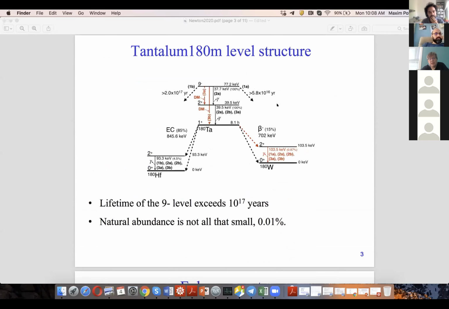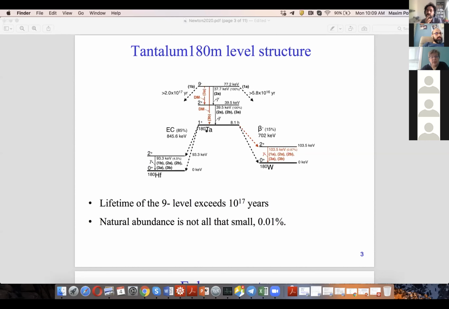This is basically a level structure, not all levels, but some lower lying levels of tantalum 180m. Okay, tantalum is a cheap, very heavy metal, and it doesn't have many radioactive isotopes.